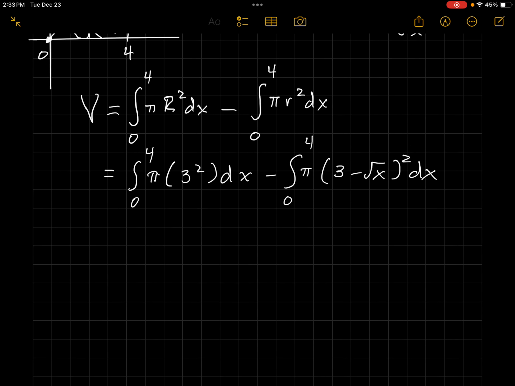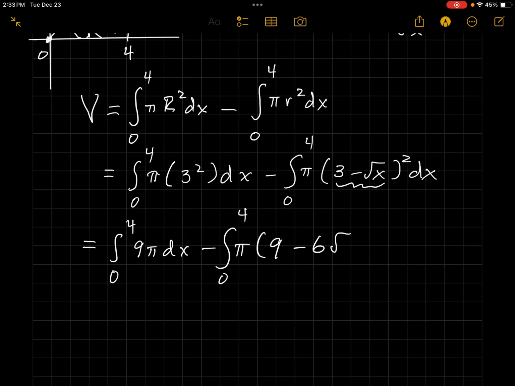Let's finish it off. Is there anything we can do to simplify it? It looks like I can, but I don't want to get ahead of myself yet. If we are to FOIL that out or distribute that out, we will end up with 9 minus 6 root x plus x.